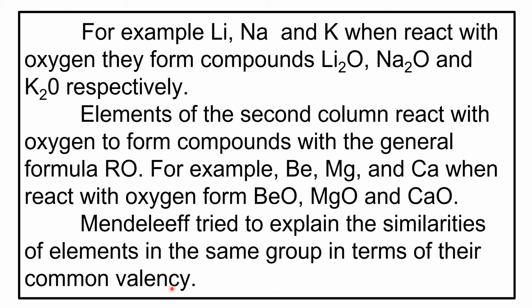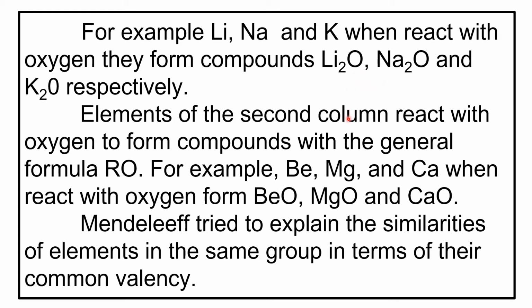How he explained them is by considering the common valency. All the first group elements form oxides with the general formula R2O. So all these elements like lithium, sodium and potassium have valency 1, since they form Li2O. Oxygen's valency is 2 and these elements' valency is 1.